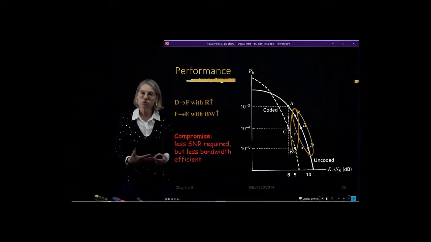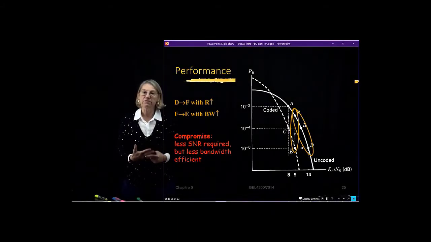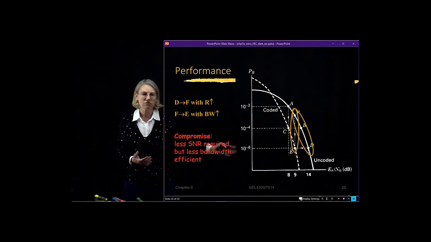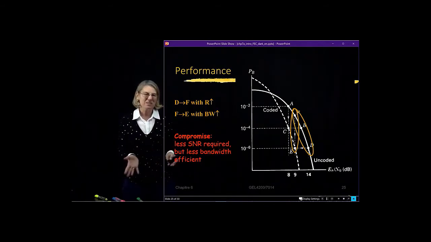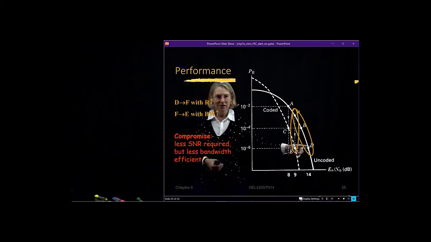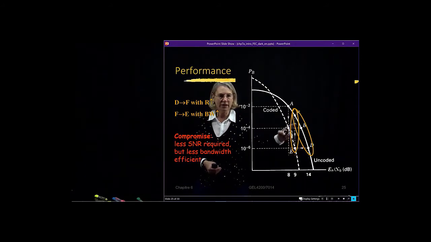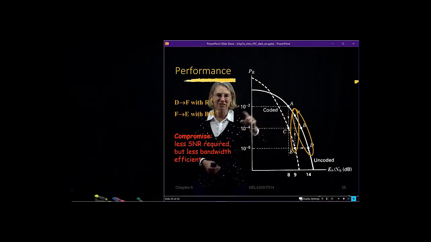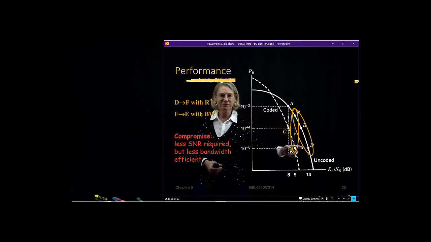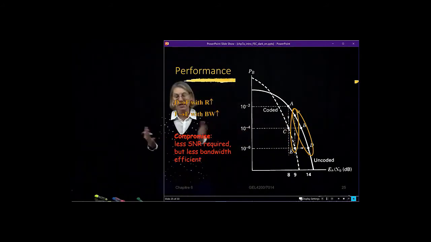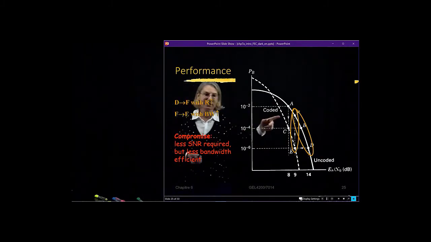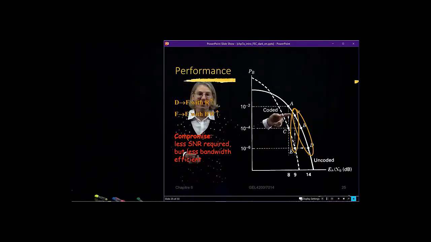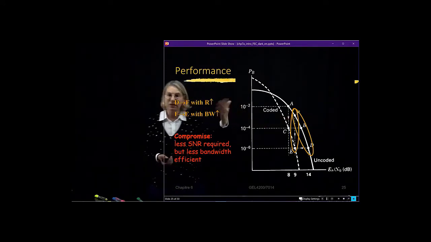So remember that on these curves, we cannot see what we're paying in bandwidth efficiency. We can only read on these curves the improvement in bit error rate. For instance, suppose that we're not using coding. We're sitting here with performance of 10 to the minus 6, and if I go with faster transmission, so I was doing 1 kilobit per second, and now I go to 10 kilobits per second, then I'm going to expand the bandwidth, but that would let in more noise, and I would get worse performance.